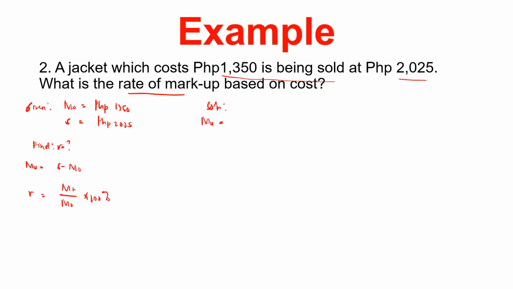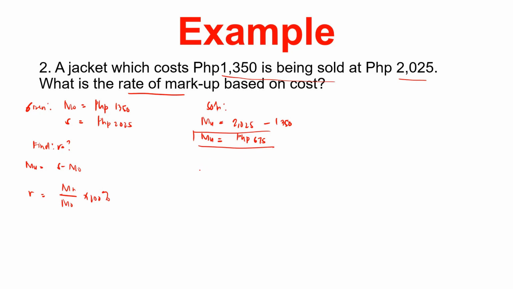So again, for us to get the markup, we're just going to subtract the selling price, which is 2,025, minus the cost price, which is 1,350. And we will get 675 pesos. That is the markup. Okay?